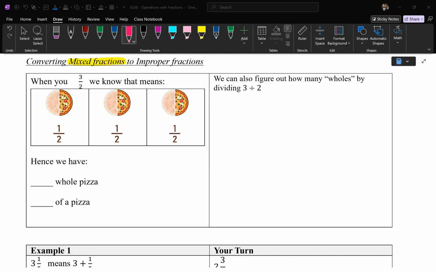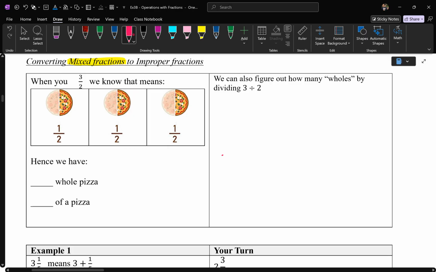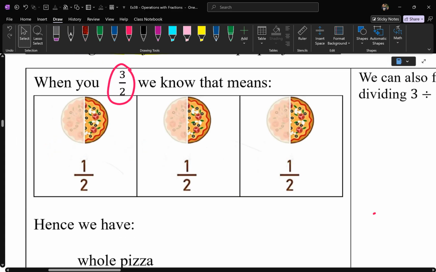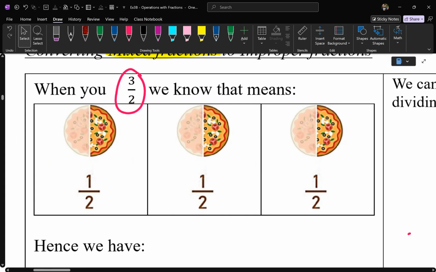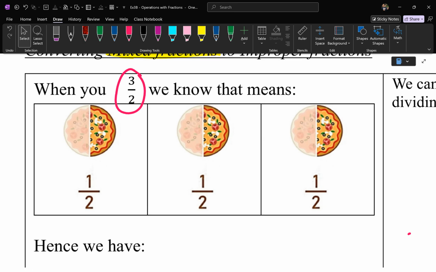All right, converting mixed fractions to improper fractions. Now, when you have 3 over 2, I want you to understand what it actually means. 3 over 2 is saying you've got 3 of those halves. Think about it, I'm going to say it again: 3 over 2 means you got 3 of those halves.